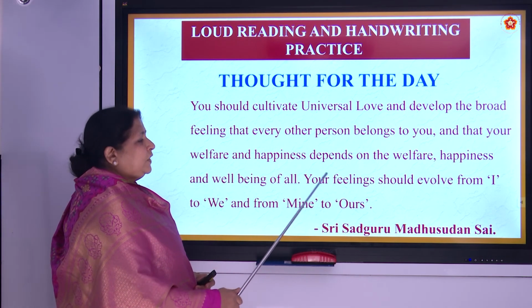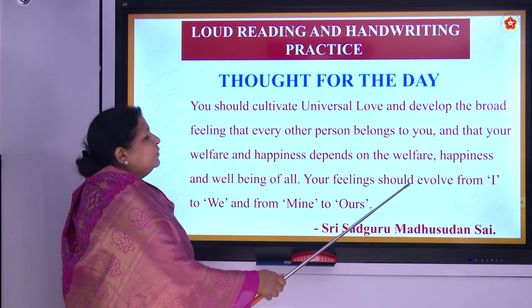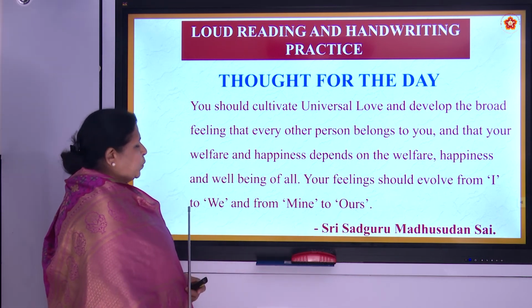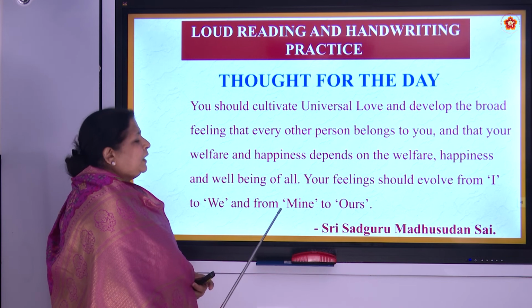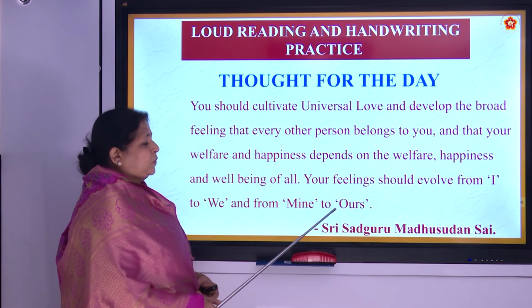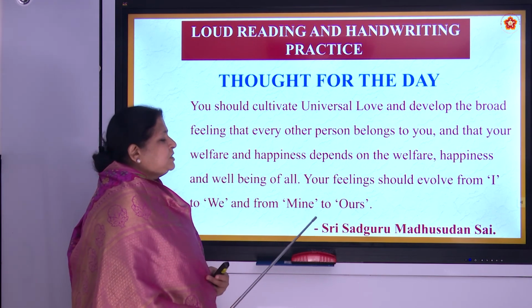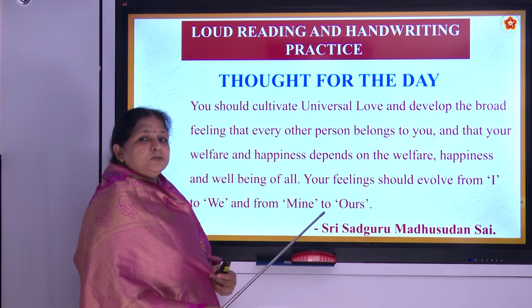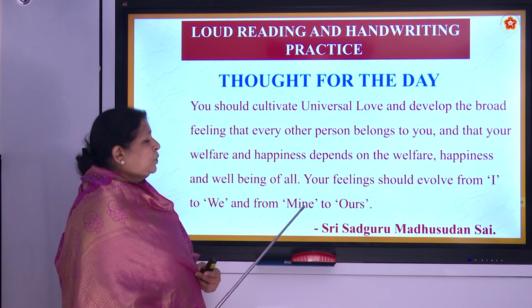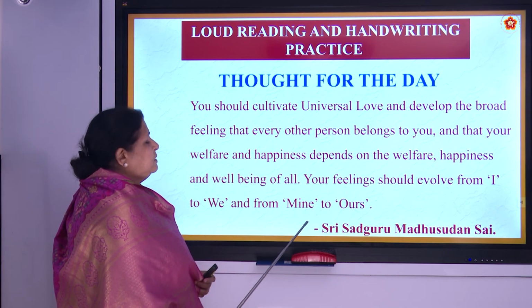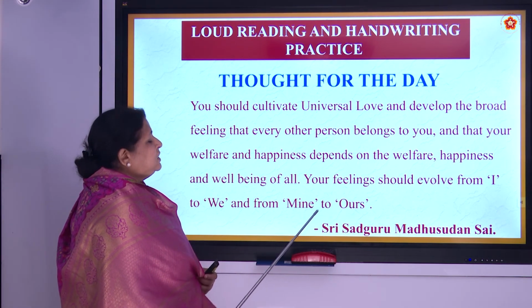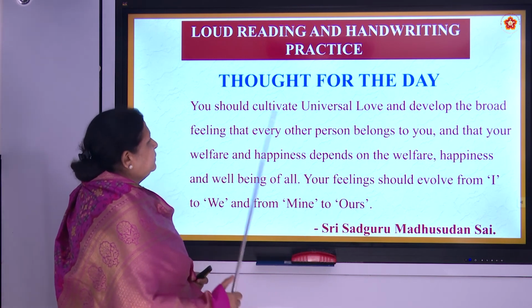Your feelings should evolve from I to we and from mine to ours. These beautiful lines are said by Sadhguru Sri Madhusudan Sai. So always remember who has said it.